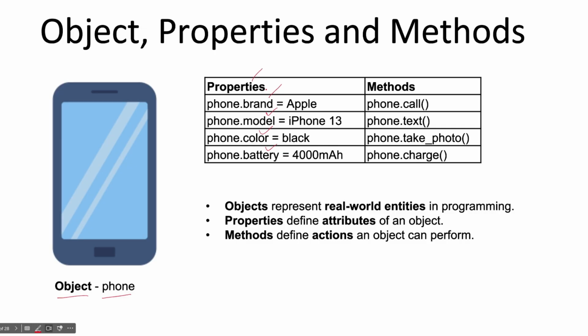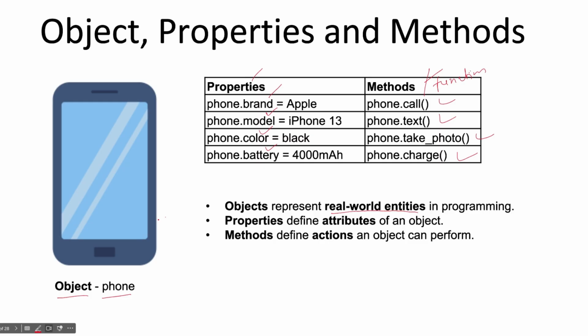These are all its properties, and it also has some methods. Methods means its functionality. What you can do with a mobile: call, text, take photo, and charge. So objects represent real world entities like mobile phone, animal, student, book. Any entity you are seeing in front of you, all the real life objects or entities.